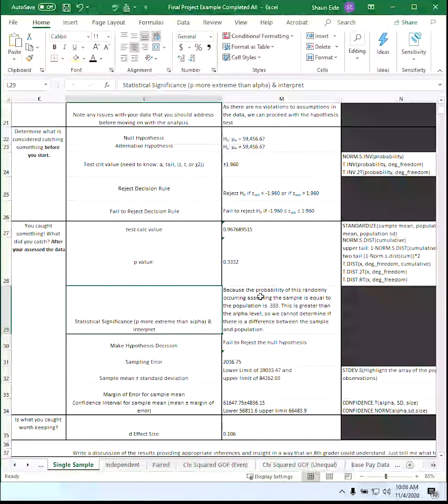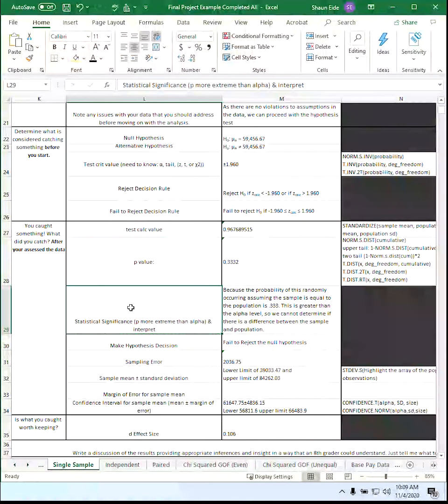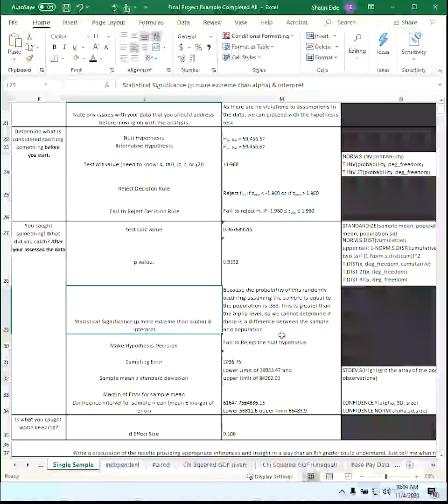And so we say, the probability of this randomly occurring, assuming the sample is equal to the population, so in other words, assuming that Atlanta is the same as the population, is 0.33. In other words, you've got a 33% chance of randomly getting the sample.